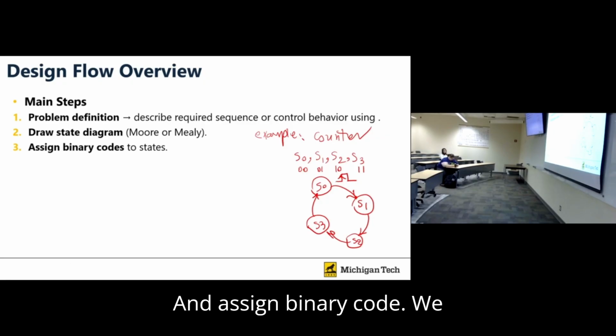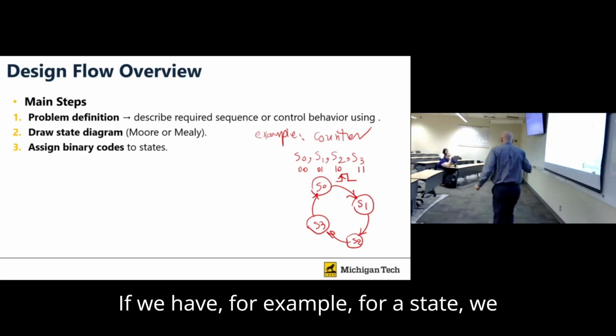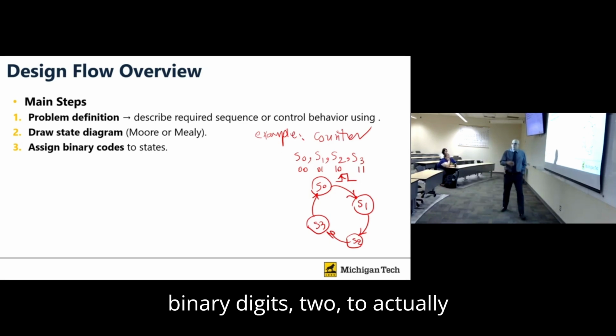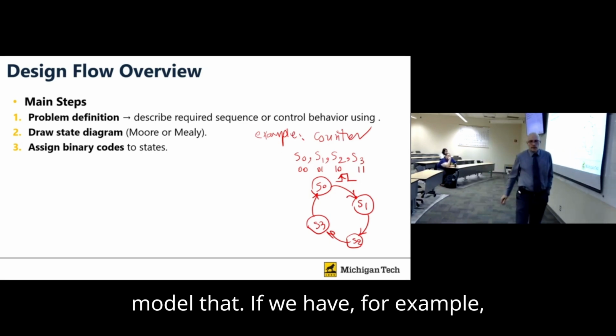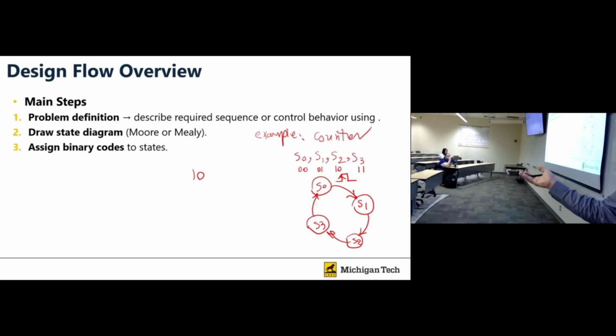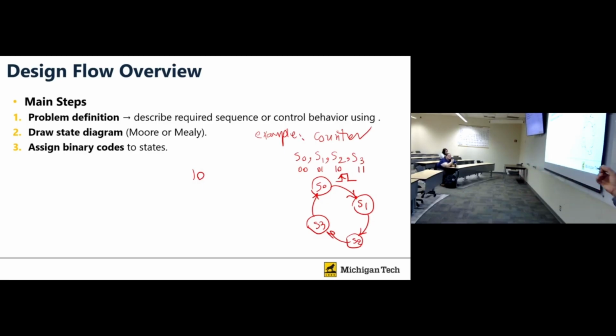And assign binary code. We also assign binary codes too. If we have, for example, 4 states, we can use 2 binary digits to model that. If we have, for example, 10 states, how many binary digits do we need? 4, exactly.